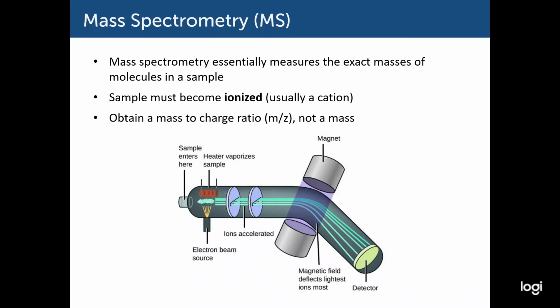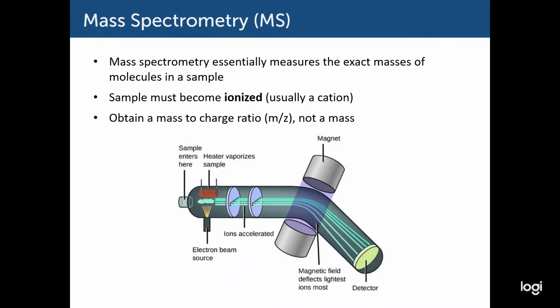Instead, what we get is called a mass to charge ratio, right? So we're actually looking at the mass of the particles divided by the charge. And I think this makes sense because if we make the charged particles more charged, like a +3 cation instead of a +1 cation, then they would actually interact with the magnetic field more strongly, and that would actually change the way their trajectory bends within that curved part where the magnet is.